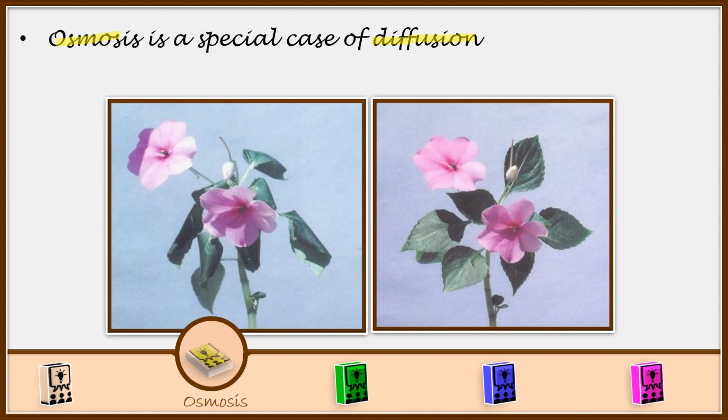And diffusion is the movement of materials from a region of high concentration of particles to a region of low concentration of particles. But the difference between osmosis and diffusion is that for osmosis, there is a semi-permeable membrane, and in diffusion, we don't have the permeable or semi-permeable membrane.